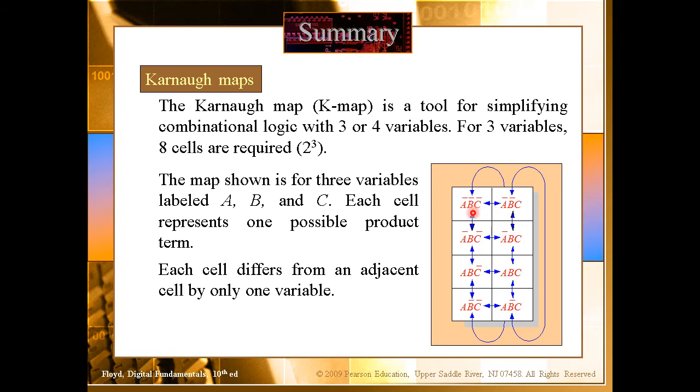Again, if you look at the adjacent one here, the only change is B, right? Now look at this. Between this one and this one, there is only one change, which is C. If you look at this one and this one, there is only one change, which is B, because there is B prime and there is only B. So if you look at the whole table, there is always one change between any adjacent cells.